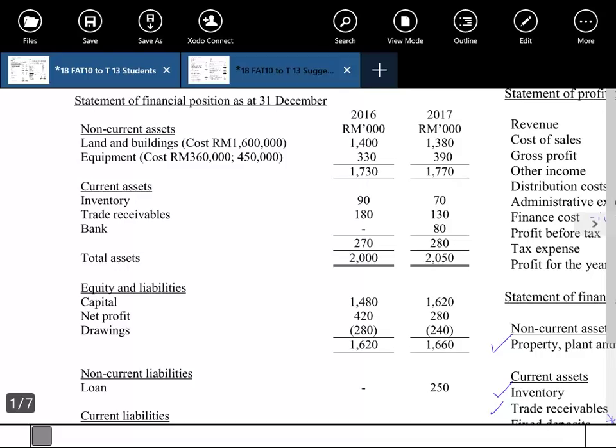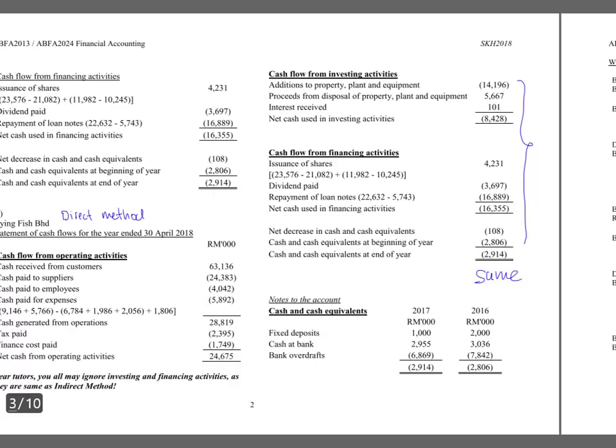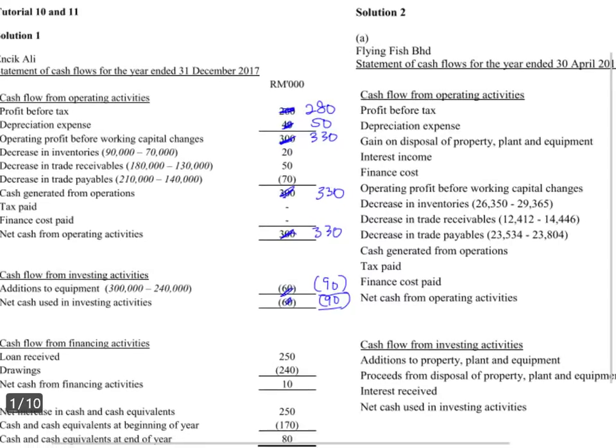Okay, question 1. I haven't discussed it, but there's some amendment.